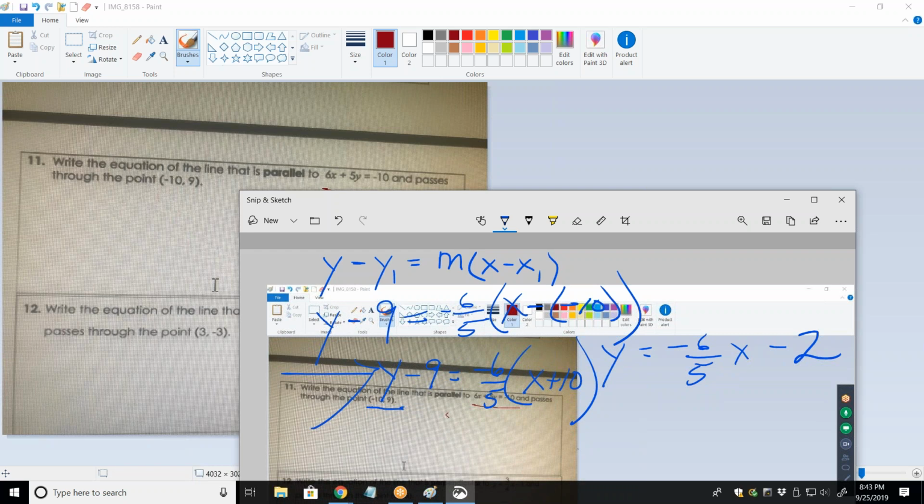You do not need to put it into y equals mx plus b format. You can leave it in point slope format. And notice that when we did point slope, we only had one thing to do. Plug in y sub 1, plug in m, and plug in x sub 1, and we had our answer. There was no solving for b.